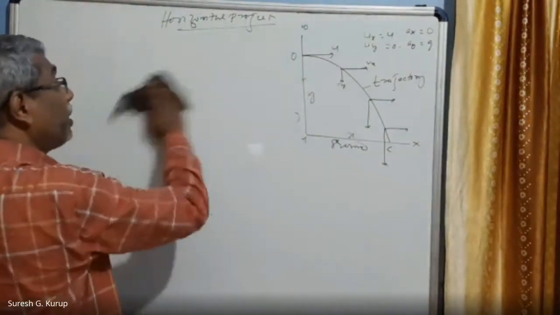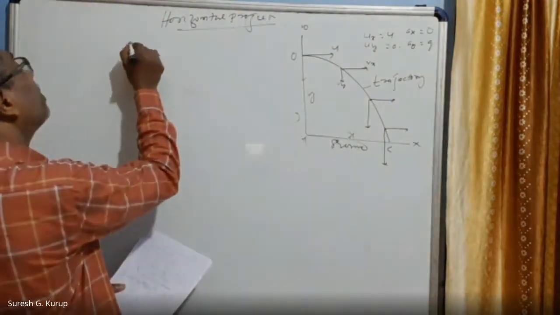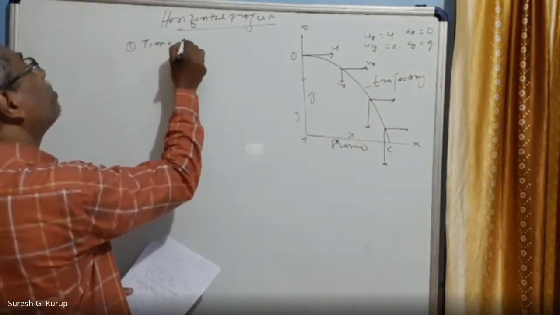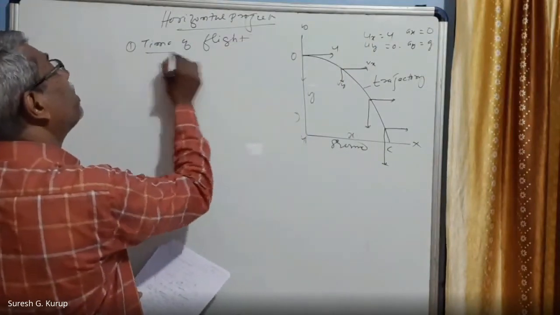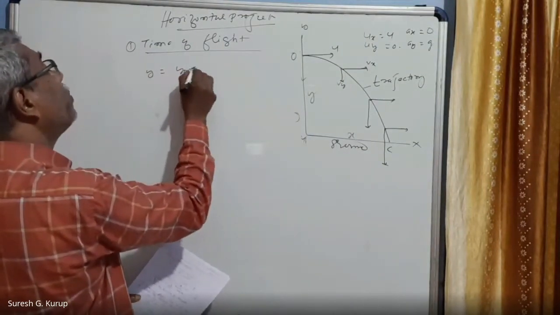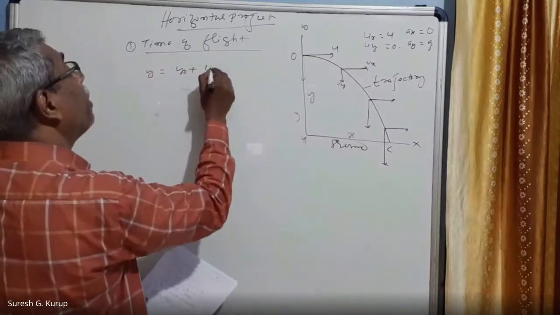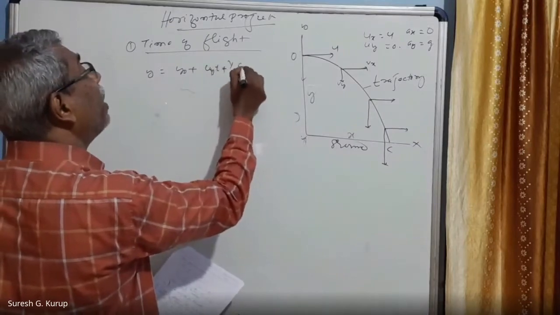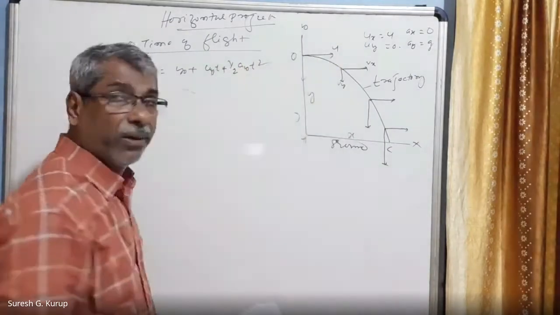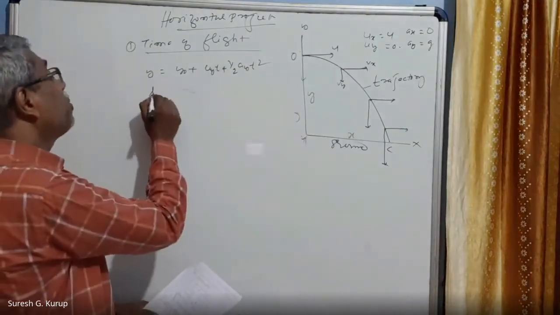So for vertical motion, we can write time of flight first. We have y is equal to y0 plus uy t plus half ay t square. Everybody knows, right? Here y can be taken as equal to h.